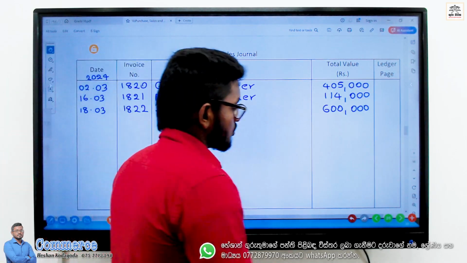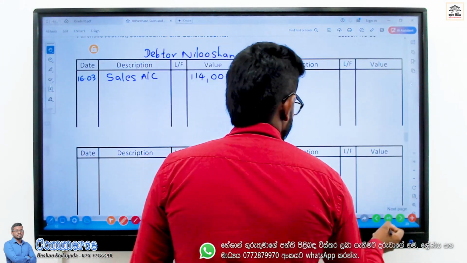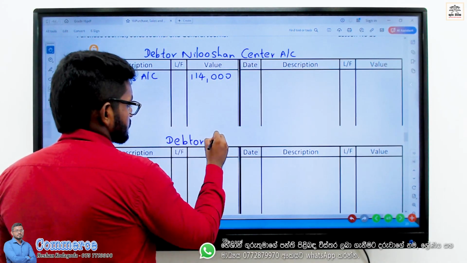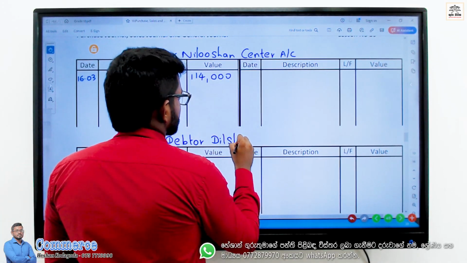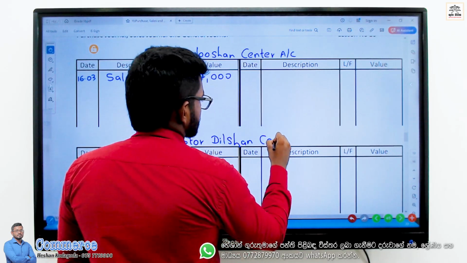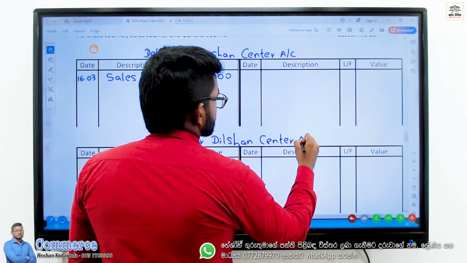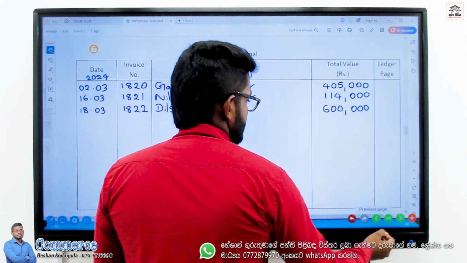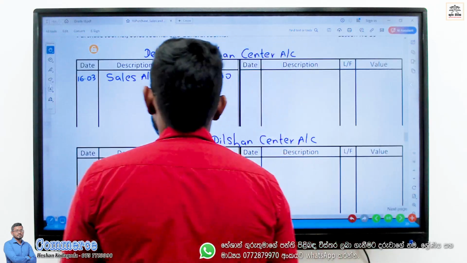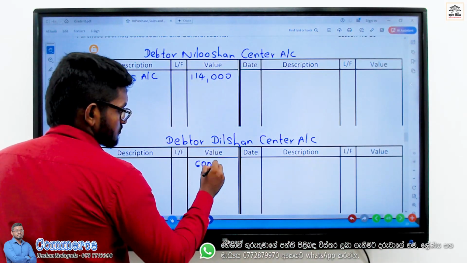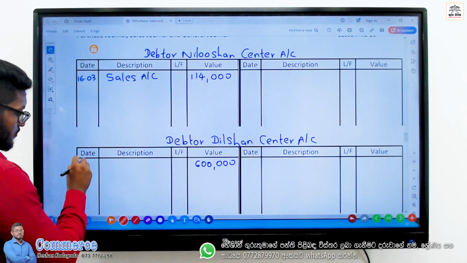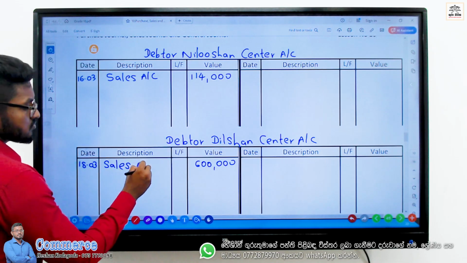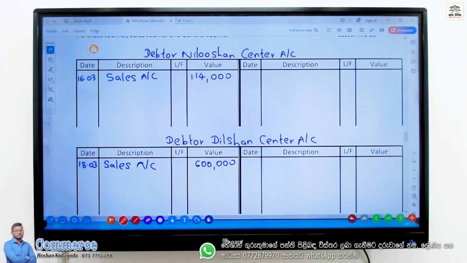Open a new account in the ledger, Debit Dilshan Center. 600, 18th of March. That's it.